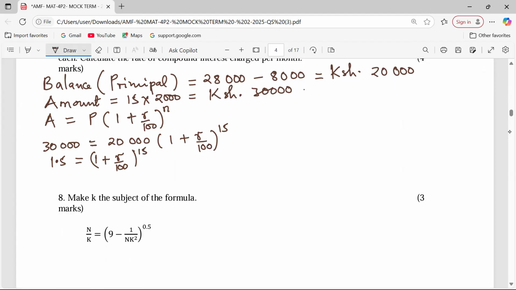So you write in your calculator 15 shift power, then you write 1.5. So from this, I'm getting 1.0274 to 4 significant figures.